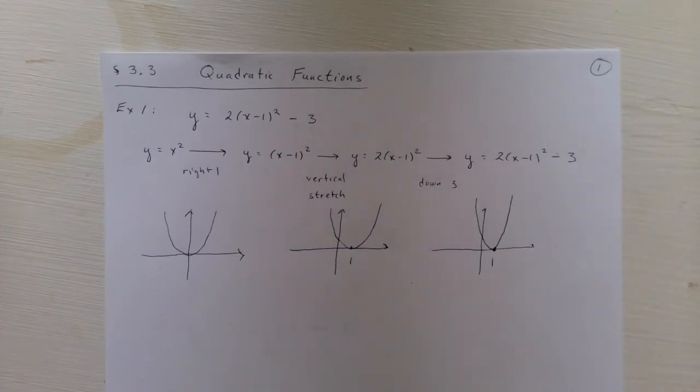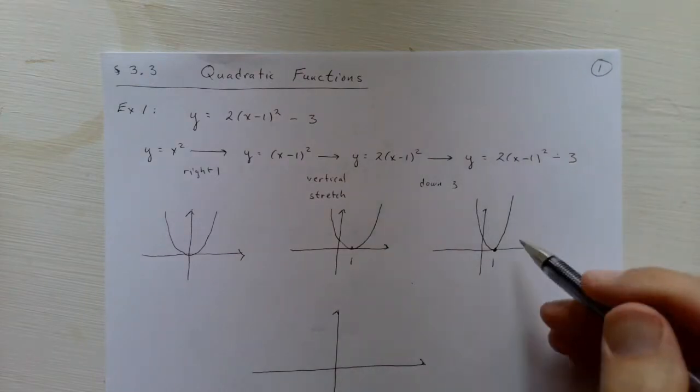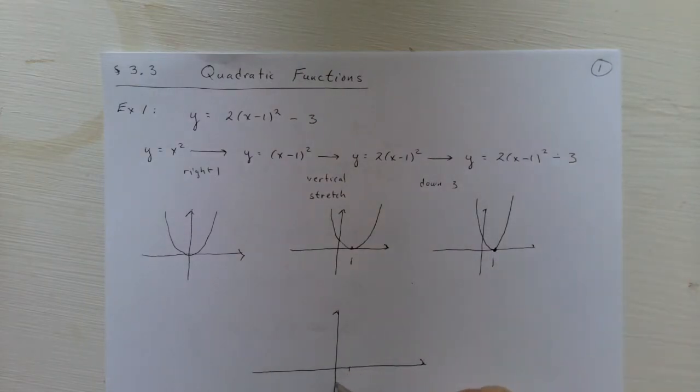And then we're going to shift this down 3 units. So the final graph will look like this. This point is now down 3 units. It's right here at the point 1, -3.